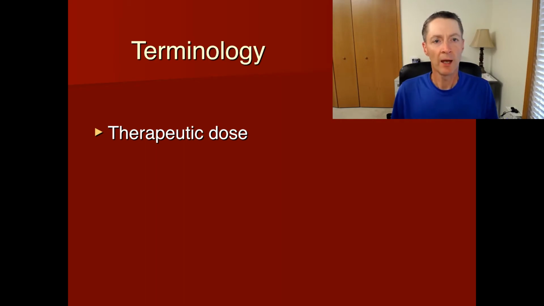All right, another one, and this is somewhat intuitive, I think: therapeutic versus toxic. So a toxic dose, do you want that? Sounds like pretty much a no-brainer, right? I don't want a dose that would be toxic to me. I want something that would be therapeutic and would help me, right?